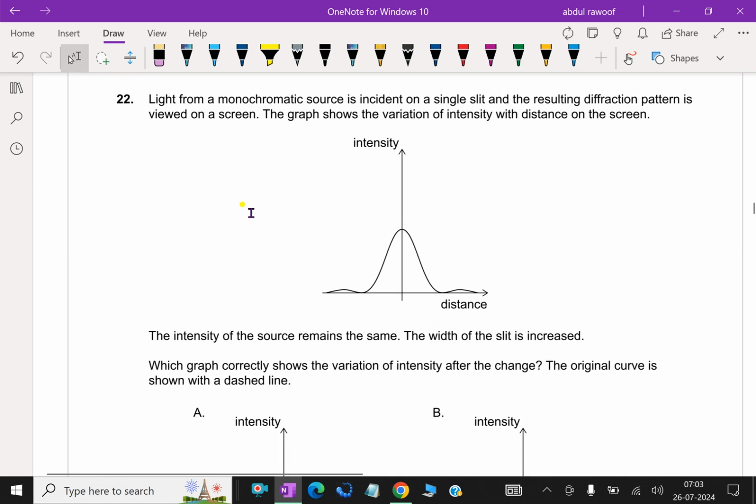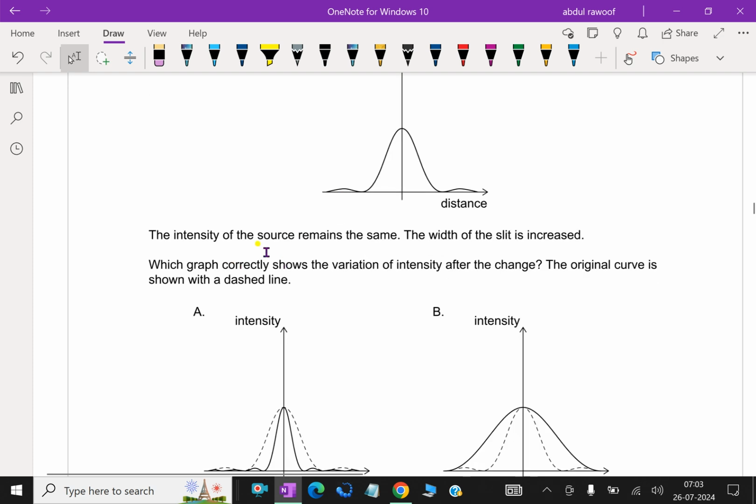Next question. Light from a monochromatic source is incident on a single slit and the resulting diffraction pattern is viewed on a screen. The graph shows the variation of intensity with distance on the screen. The intensity of the source remains the same. The width of the slit is increased. Which graph correctly shows the variation of intensity after the change?